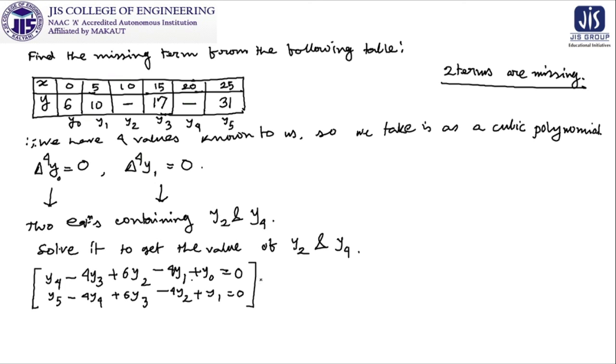So after substituting the known values over here, we will get 2 equations, and after solving these 2 equations, just check whether you get the value of y2 and y4 in the final result as 13.25, as well as for y4 it is 22.50. So this is the whole process you can follow for finding out missing terms.